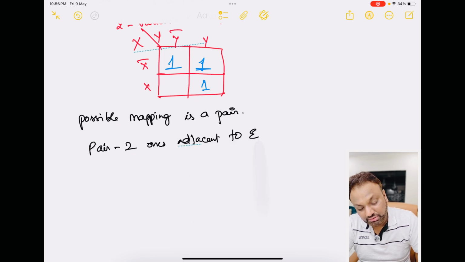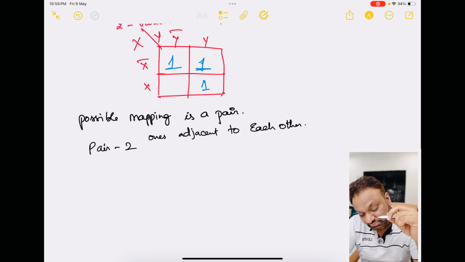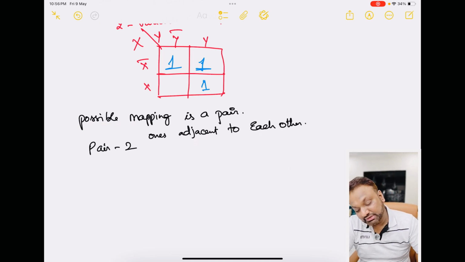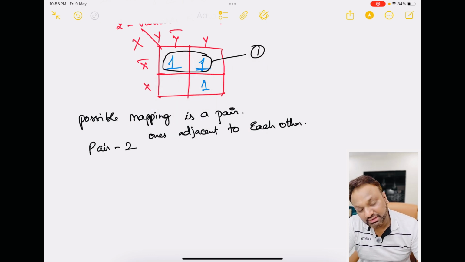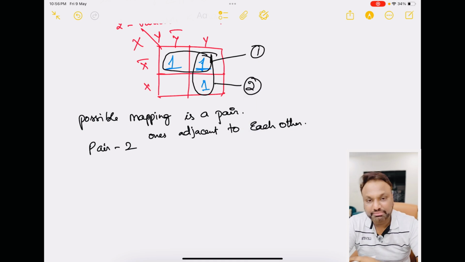You see here, I have two ones adjacent to each other, so this will be pair number 1. Now I have another one, this is another pair. You can ask, this one is already mapped with this one, still I can map it, and I will map it as pair number 2.